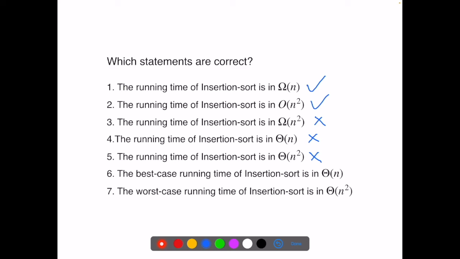However, if we specify best case running time, so that's in statement 6, it can be tightly bounded by theta n. And if we are specifying the worst case running time, it can be tightly bounded by n squared. I hope this is clear to you now. If you have any questions, please post them in Teams.